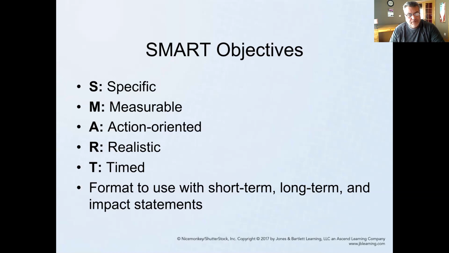Actions: to achieve your goal for this SMART objective, what are you going to do? Use action verbs to describe what you're going to do. Also make it realistic. As I said, you're not going to solve all problems related to underage drinking or falls in the hospital or failure to thrive in children, for example. You just focus on something that's more achievable, more attainable. And lastly, timed.